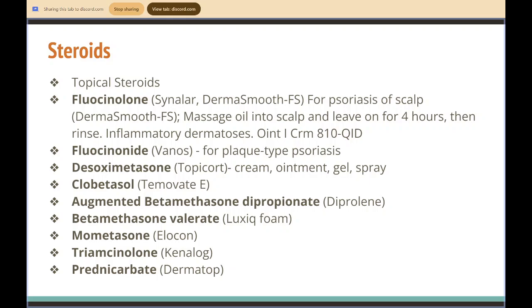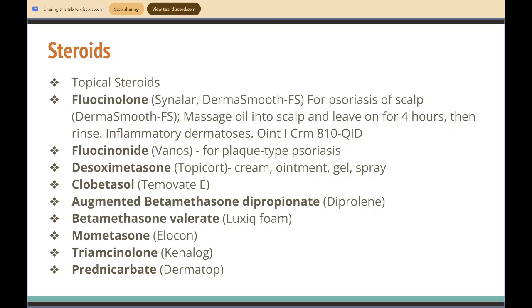Now, some steroids that are used in the treatment of skin conditions, fluocinolone, and it's for psoriasis of scalp. If it's for the Derma Smooth, it's massage oil into scalp and leave on for 4 hours, then rinse.